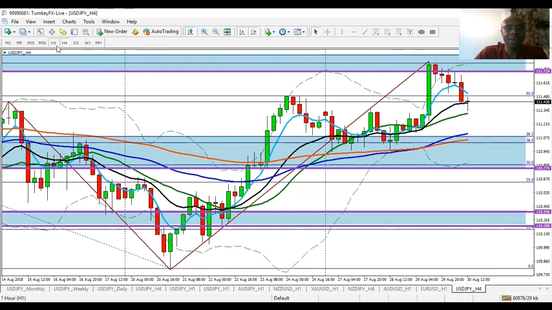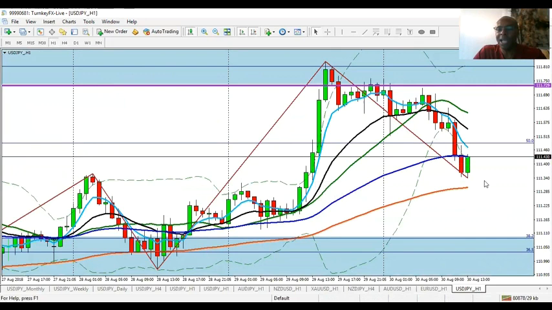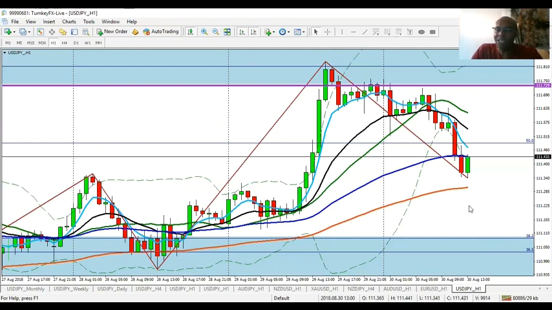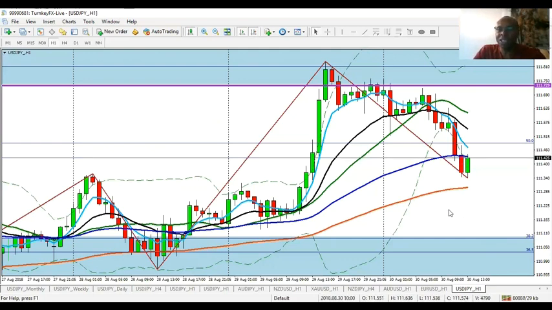So let's go to the hourly. Remember, on the hourly, each period separator is a day. So we want to see what the potential resistance areas are for today.